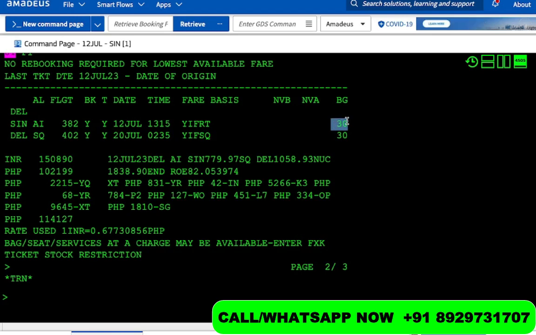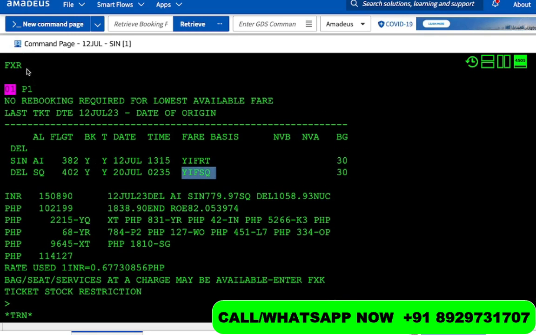But now the question is, is it feasible, is it economical for us to sell, or will the passenger take this flight or not? The chances are that they would not, because it has priced this booking in Y class.